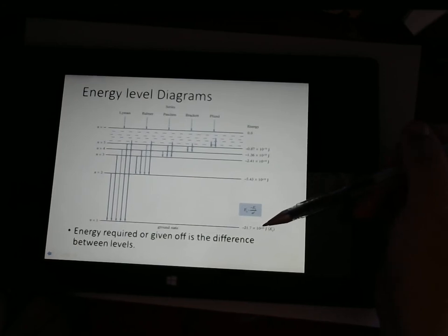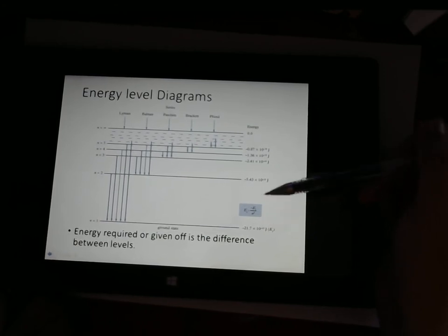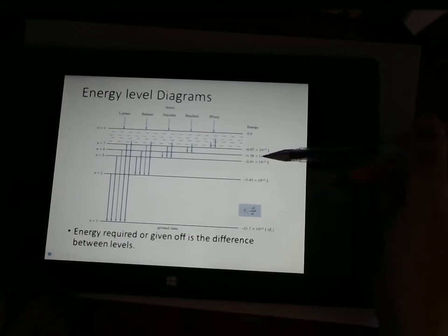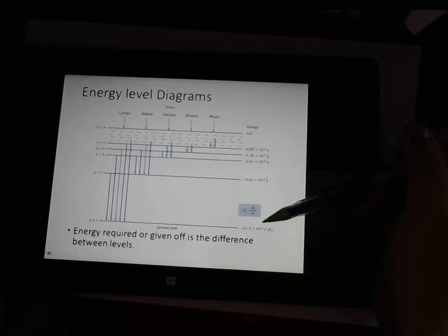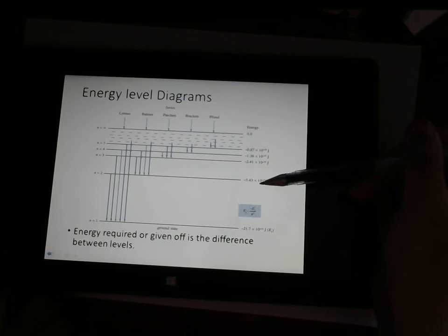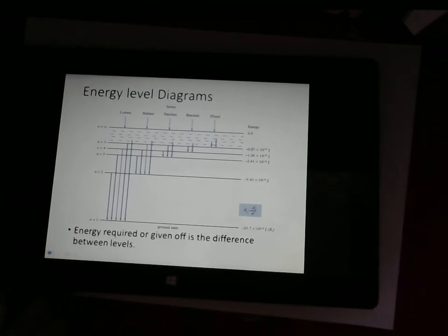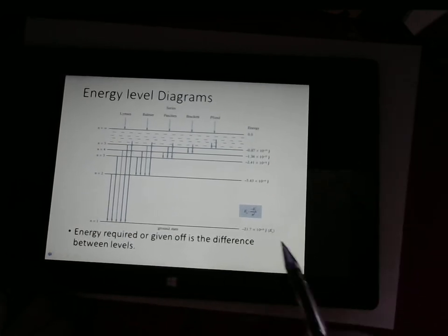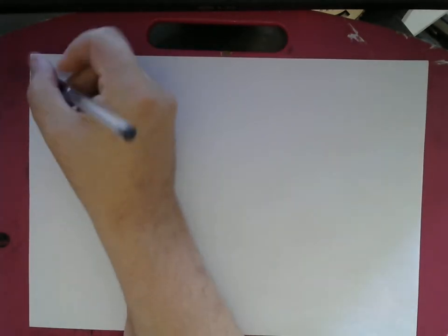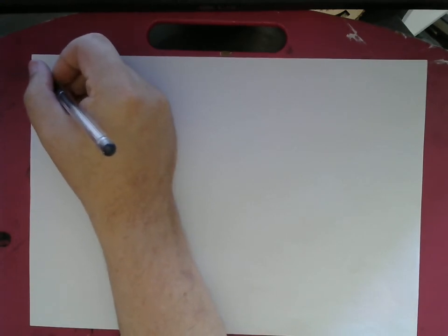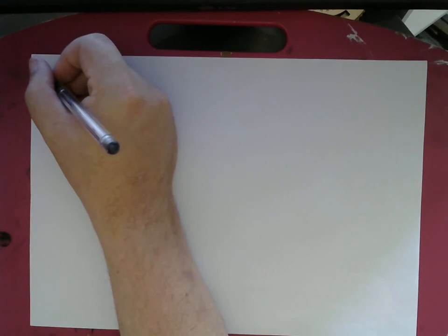So, energy at n equals 2 equals negative, I'm just going to put the whole number, 5.43 times 10 to the negative 19 joules. And energy at n equals 4 is 1.36 times 10 to the negative 19 joules.